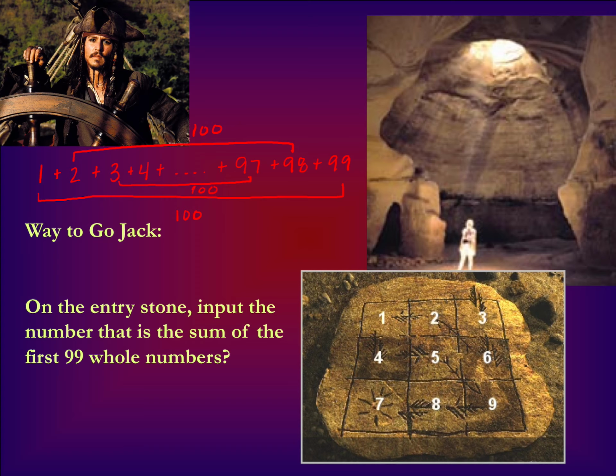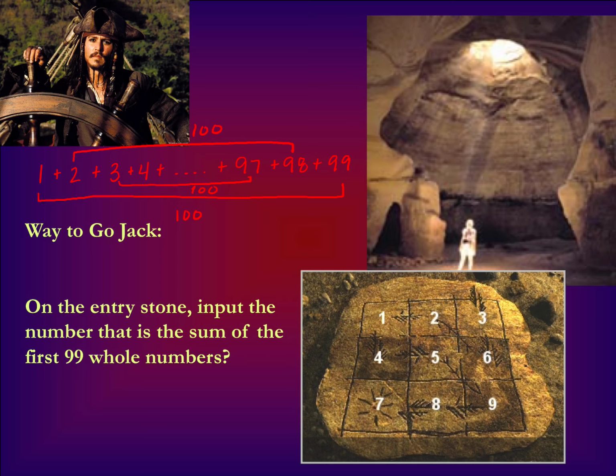I'm going to continue to pair up all of my numbers, so that they're in groups of 100. I can count up how many 100s I have. When I do this, I need to be careful because there is one number that's not going to pair up.